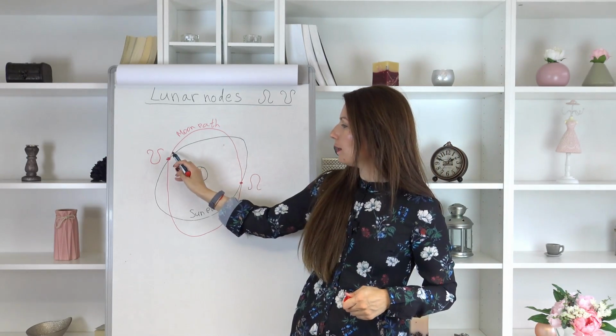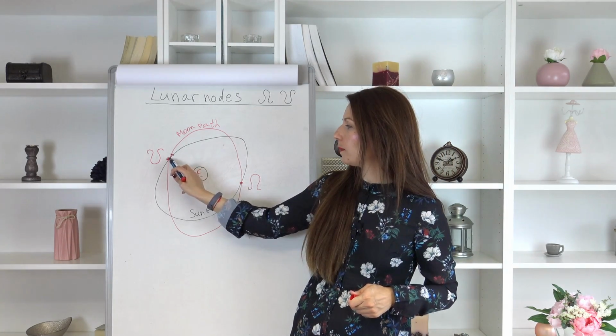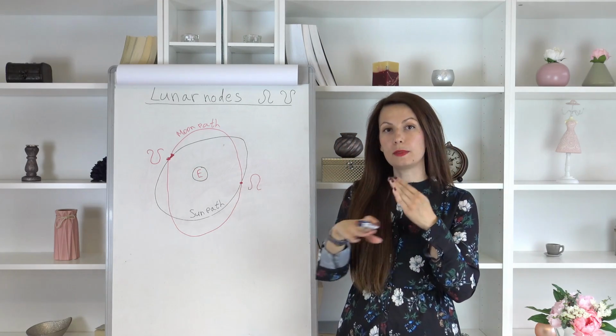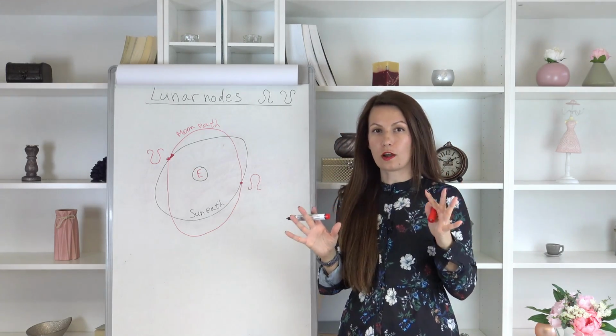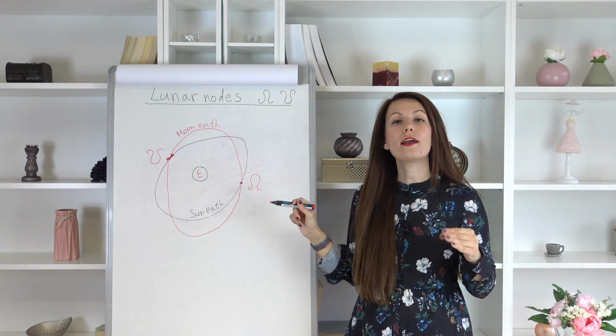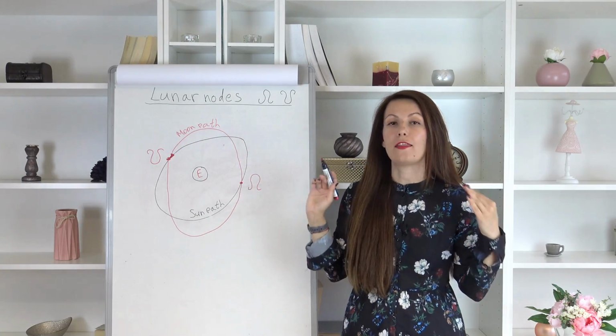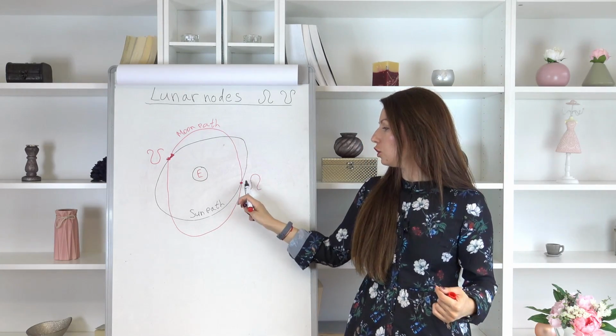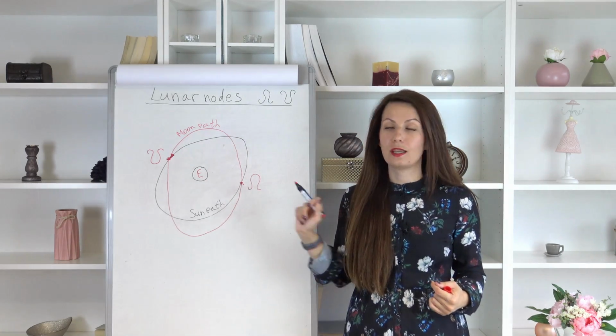First of all, the angle between the path of the sun and the moon is very small, around 5 degrees. However, we have 2 points where they cross, and those points are called lunar nodes.